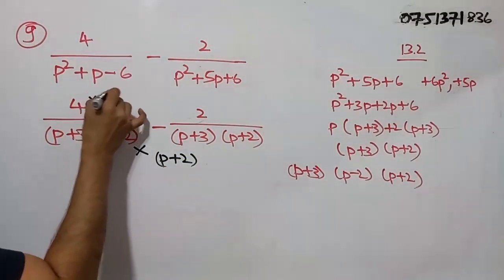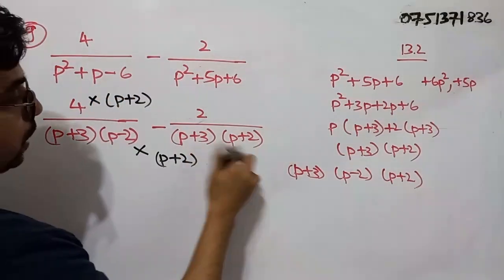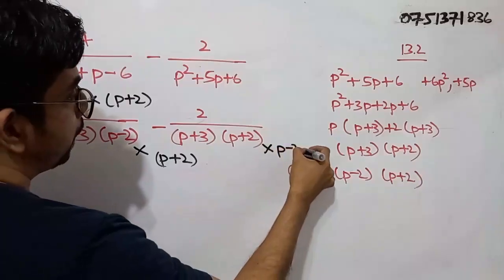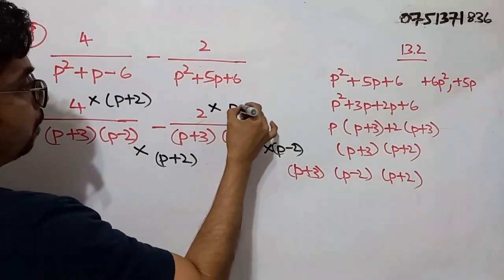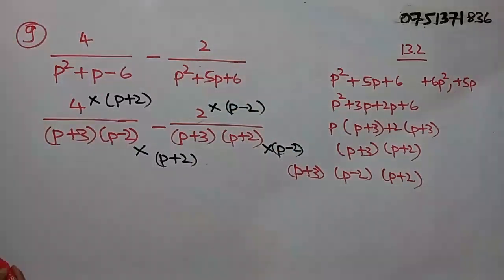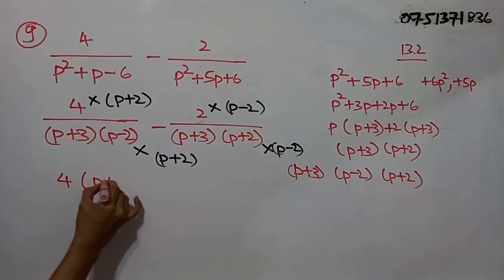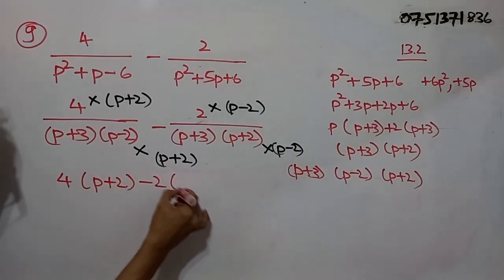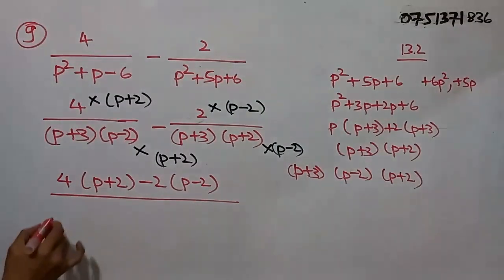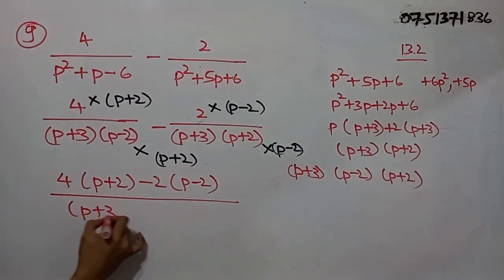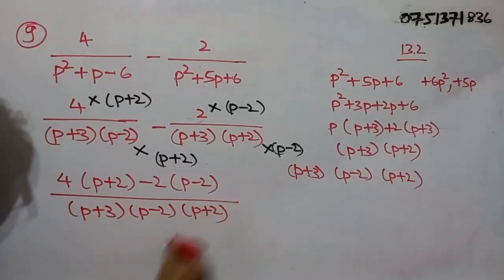So that means we need to multiply this by p plus 2 as well. So these two terms we need to multiply by p minus 2. So that means we need to multiply this number by p minus 2 as well. Okay. So what do we get? 4 into p plus 2 minus 2 into p minus 2. Entire expression needs to be divided by what? p plus 3, p minus 2, p plus 2.